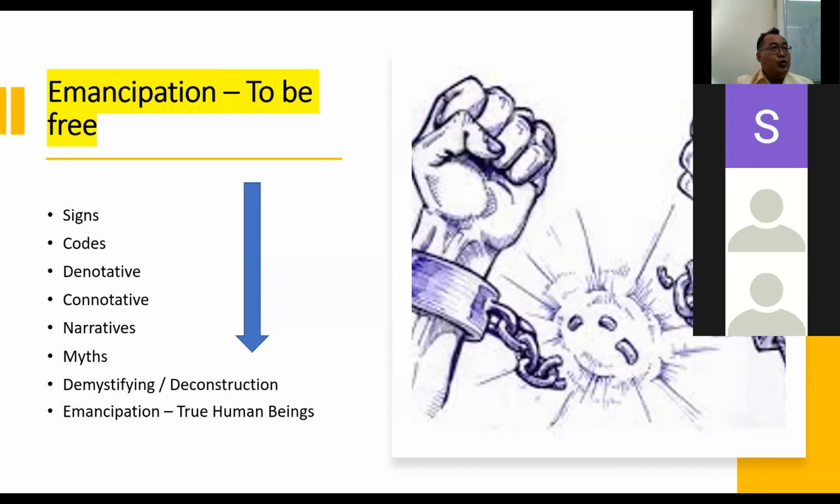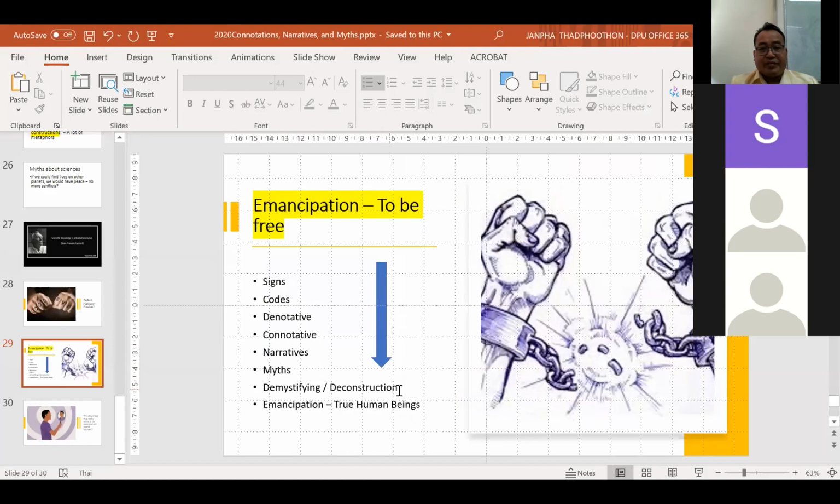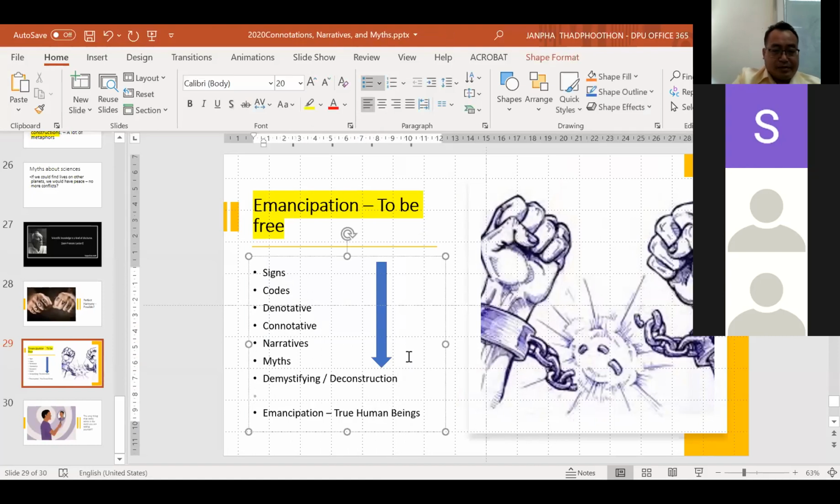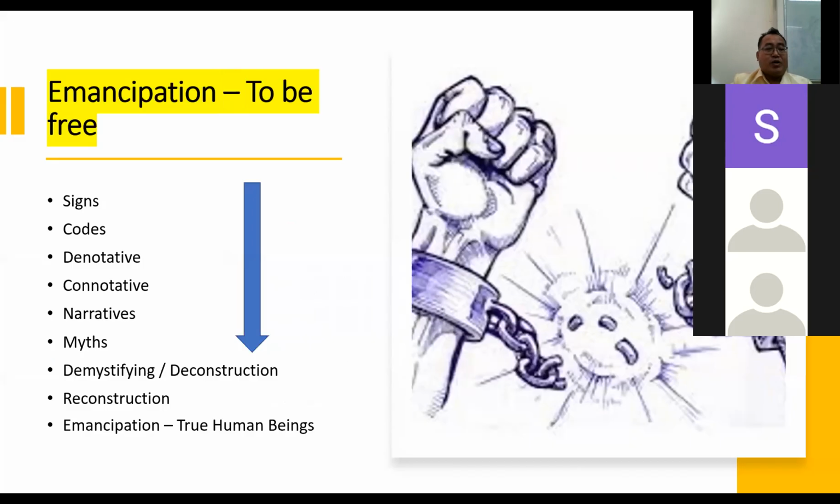What we need to do with the construction, we need to deconstruct. Deconstruct in order to reconstruct something. Reconstruction can be done by co-construction, you work with the people in the same society.